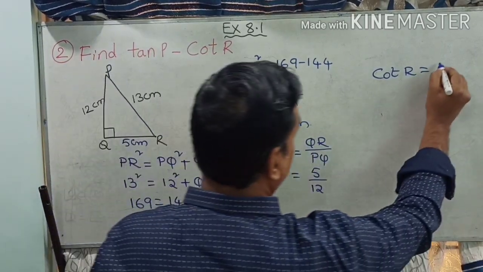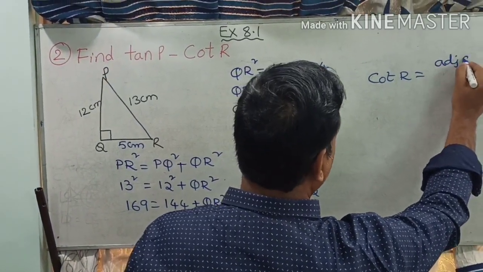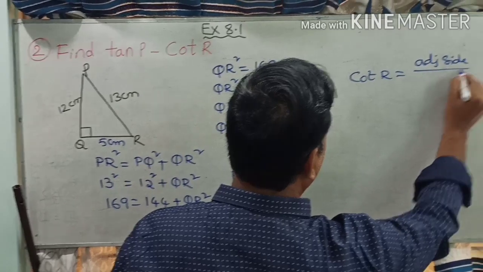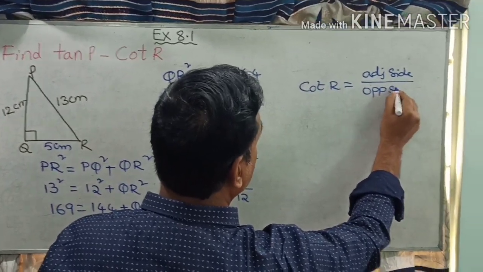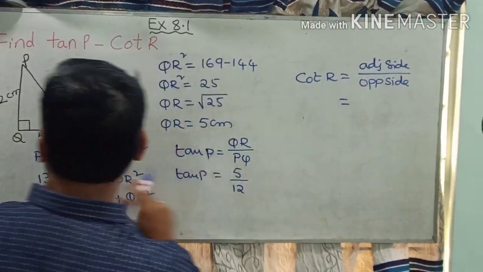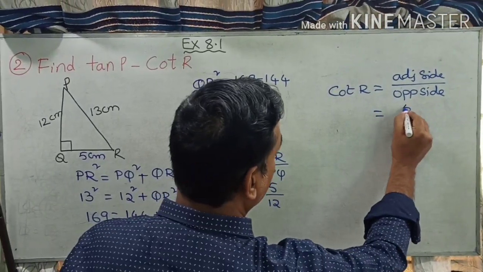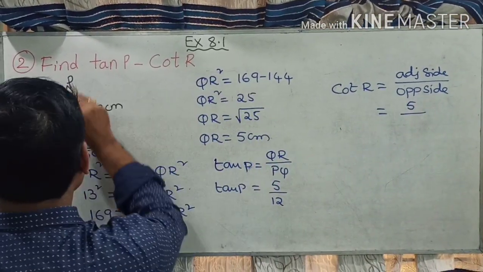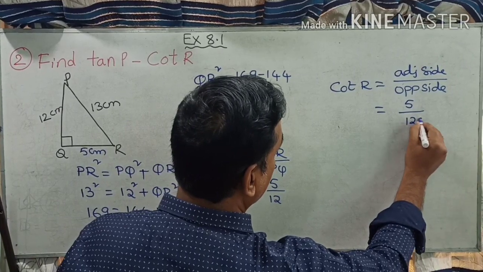Adjacent side is 5 centimeters and the opposite side is 12 centimeters.